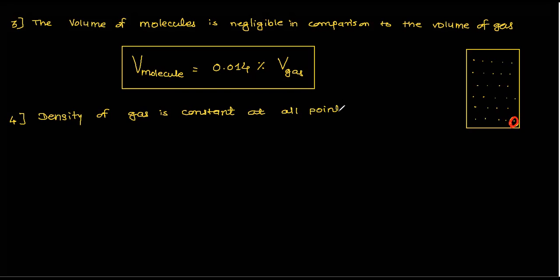Everywhere mass per unit volume is the same. Otherwise, the gas would be heavy at the bottom, or the gas would come out fast and slow. That is not at all the case. So everywhere density is the same.